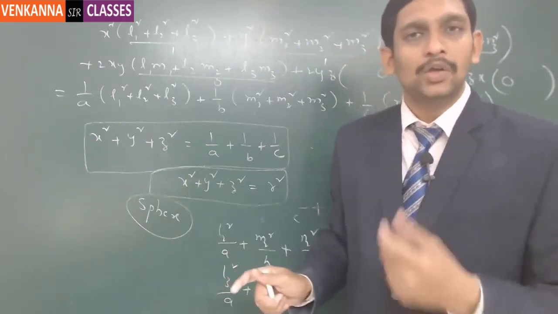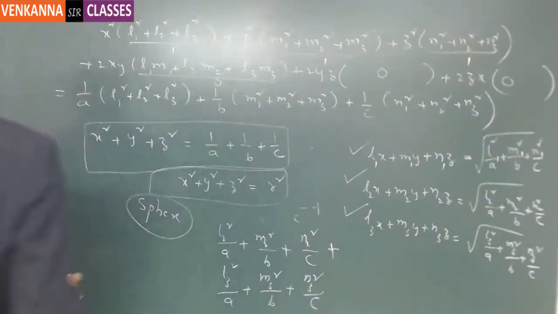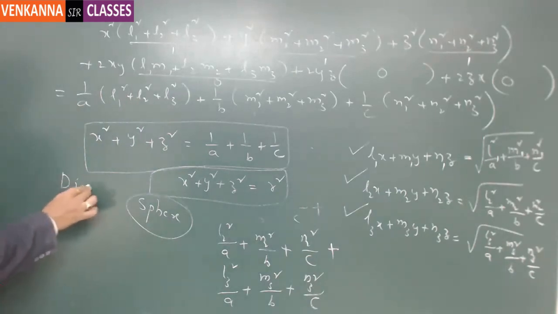That sphere we call the director sphere. It has the center 0, 0, 0, nothing but the center of the conicoid, and the radius is given by 1 by a plus 1 by b plus 1 by c, if you take it as r square.